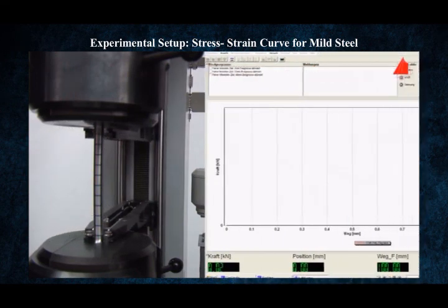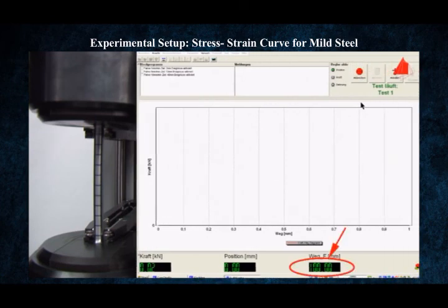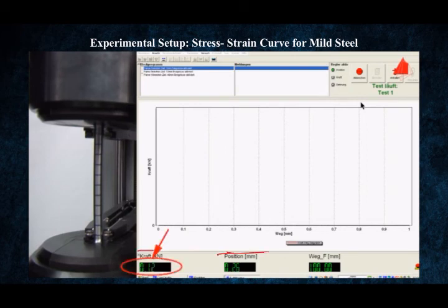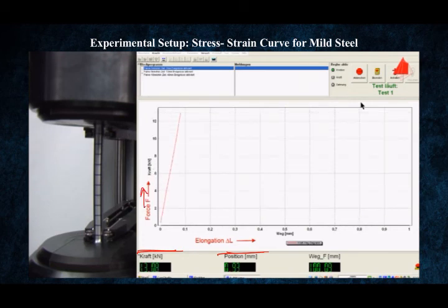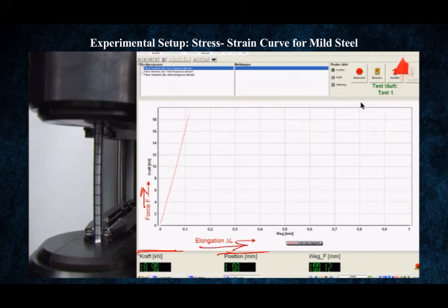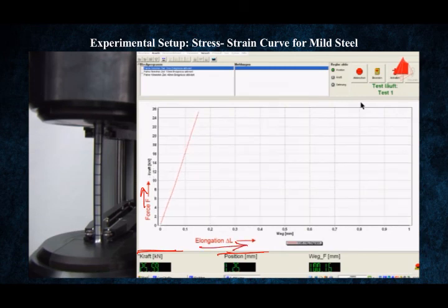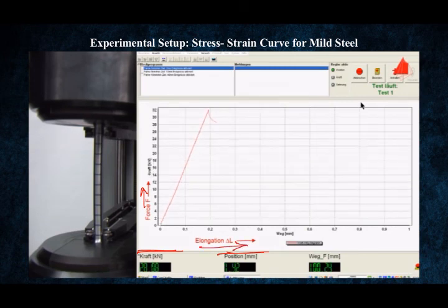Now we have this program which gives us the position, that means the strain, and this is the force. Force means stress, because with the help of force we can get the stress, and this is the elongation, that means this way we can get the strain.